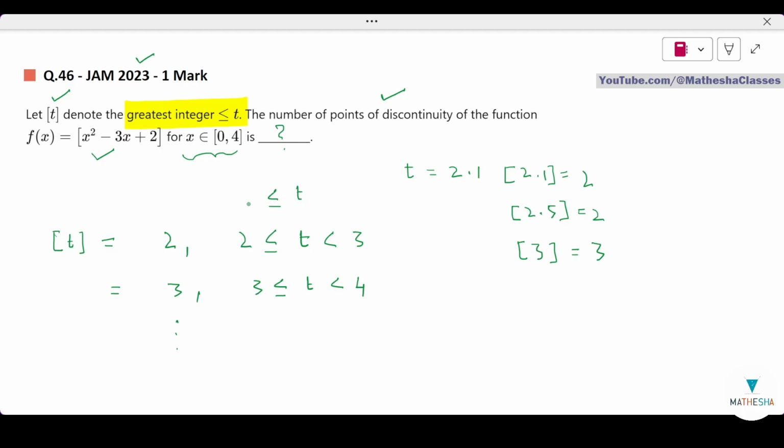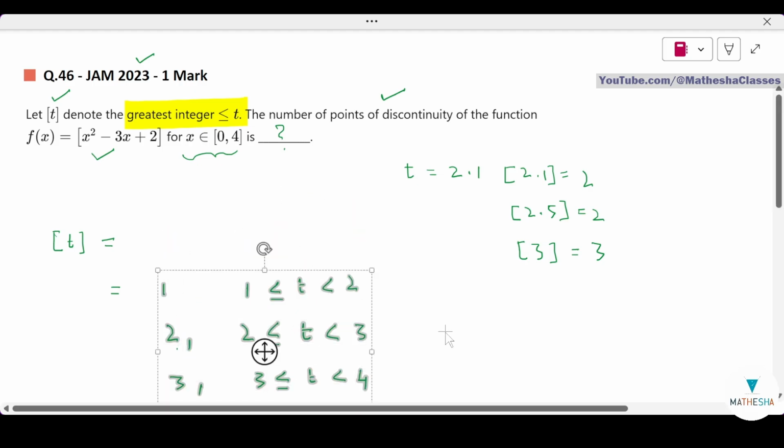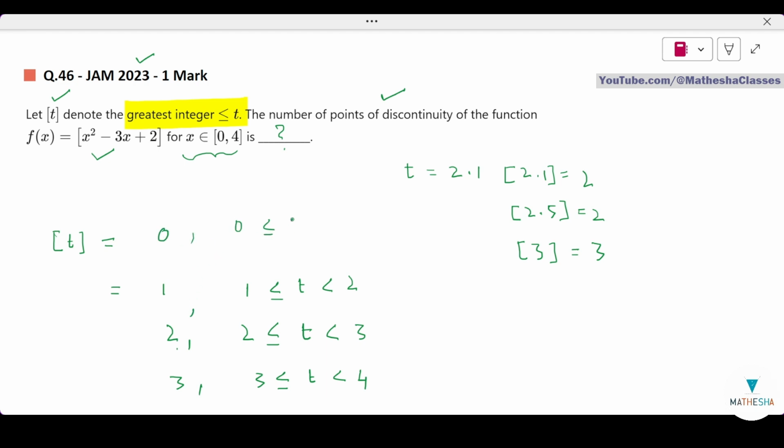When t is bigger than or equal to 1 and less than 2, box of t will be 1, and so on. So box of t will be 0 when t is greater than or equal to 0 and less than 1. It will be negative 1 when t is greater than or equal to negative 1 and less than 0. So that's how the box function will look.